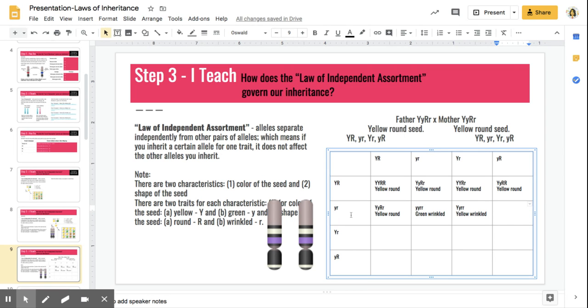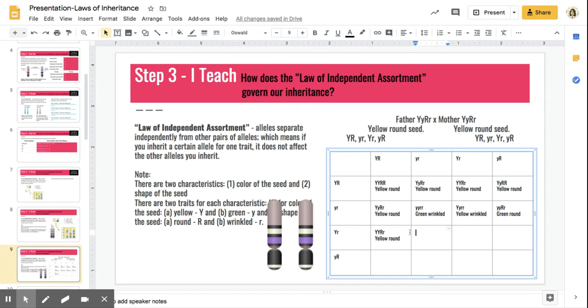Recessive, recessive, homozygous recessive, dominant, recessive, heterozygous. So we have now green, round. Next would be dominant, dominant, homozygous dominant, dominant, recessive, heterozygous. So you have yellow, round.